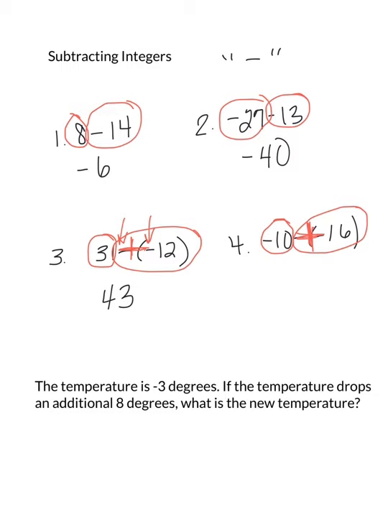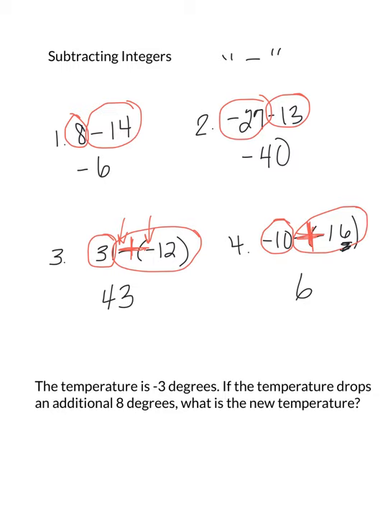Because 10 negatives are going to cancel out 10 of those positives, you're left with 6 positives left over because it's 16.